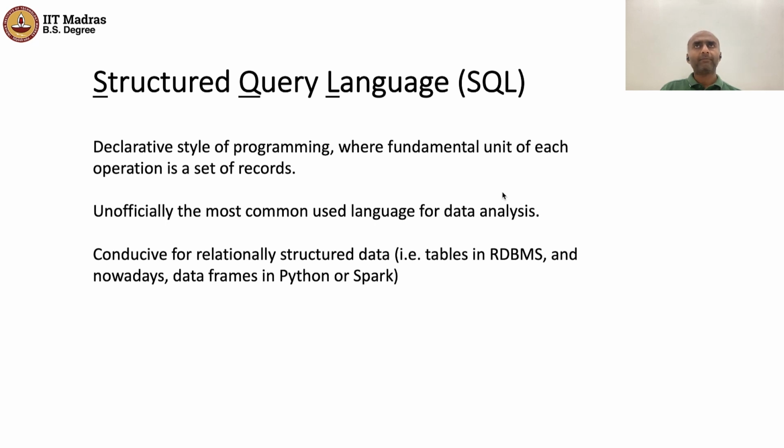So let's say, for instance, you have to work with some data in Java or Python. You would not only have to define the model of the data, let's say in the form of a class or in the form of an object or a structure, but you also need to then think about how do I make those operations happen.